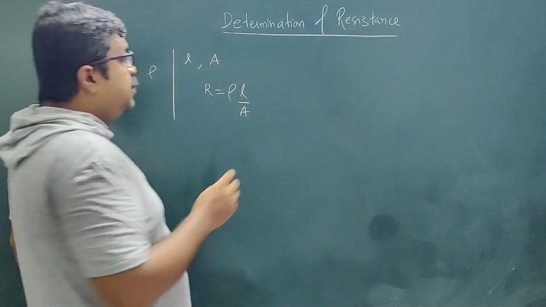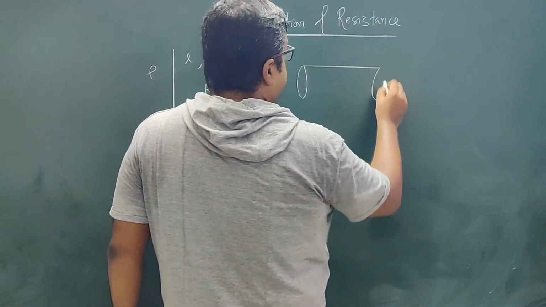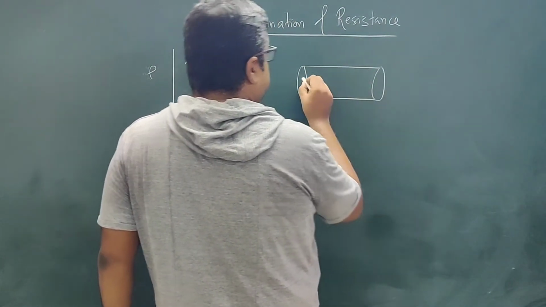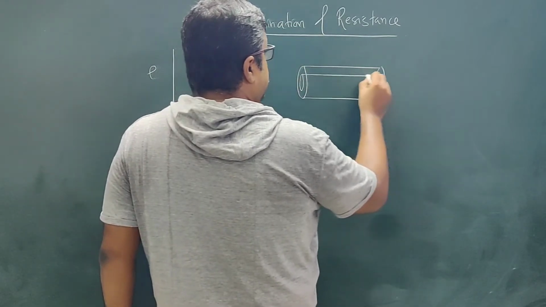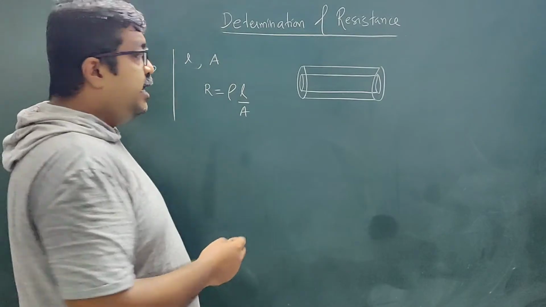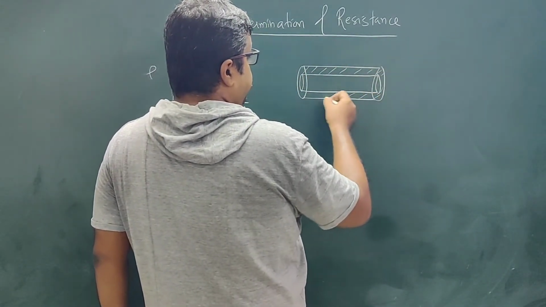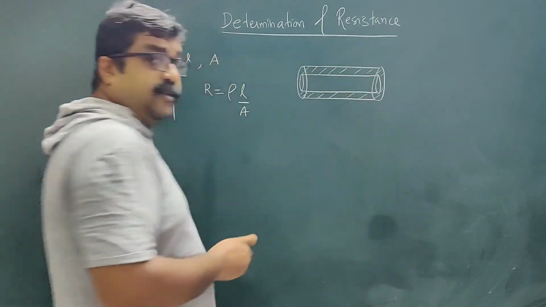But suppose we have a cylinder, and the cylinder is hollow. The cylinder is like this. This is the solid part and this is the hollow part.